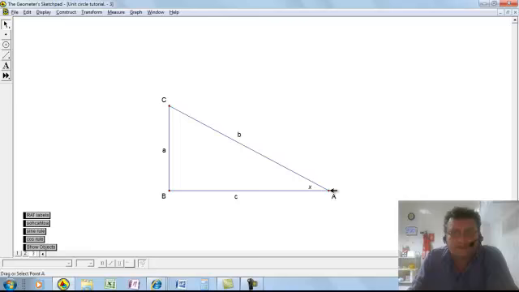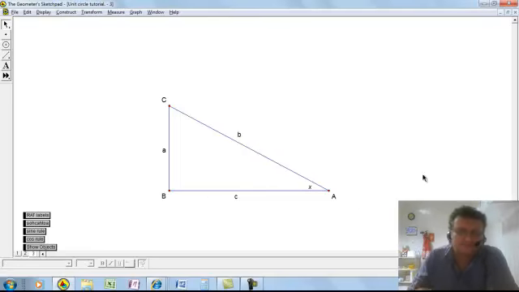So angles were capital letters, A, B, and C, and sides were small letters. So the side opposite this angle was called A. The side opposite this angle was called B, and the side opposite this angle was called C.